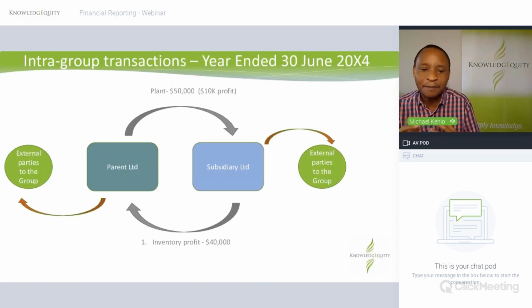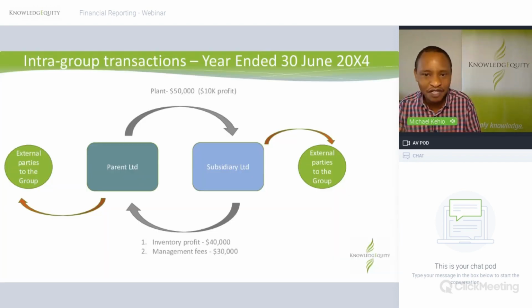We see that the parent company also sold a plant for 50,000, made a profit of 10,000 to the subsidiary. The question is, is this plant still within the group or has it been sold off to external parties? Now, we are told in the question that this particular plant was in the group as at year end. So that actually tells you that there is an unrealized profit as well, which needs to be adjusted.